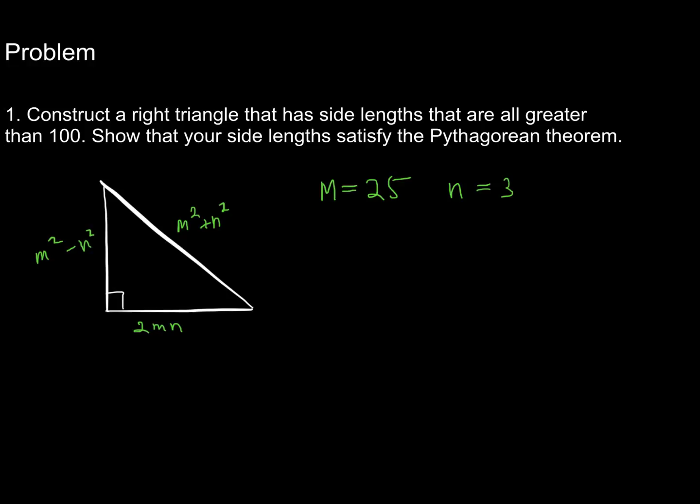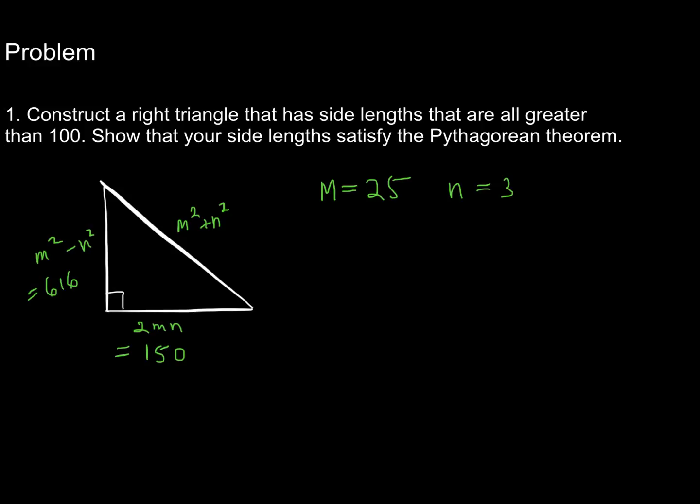So now what I can do is actually write down what each of these side lengths is going to be equal to. Right? m squared minus n squared is going to be 625 minus 9, which is going to be 616. 2 times 25 times 3, well, 3 times 25 is 75, and then 75 times 2 is going to be 150.